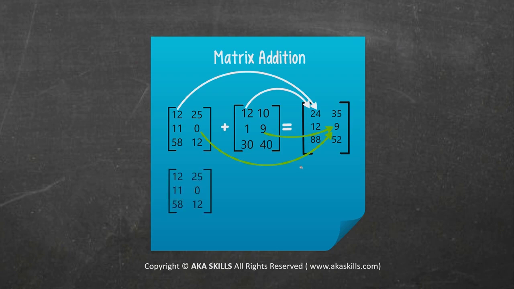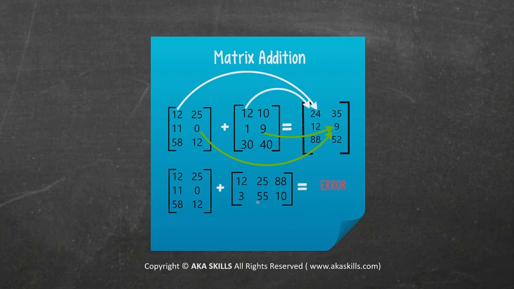So, you might be asking, wait a minute, what if the matrices don't have the same dimensions? So, for example, this. How do we add this? For example, we can say 58 here. There is no 3 in the rows dimension of this matrix. So, how do we add the 58?